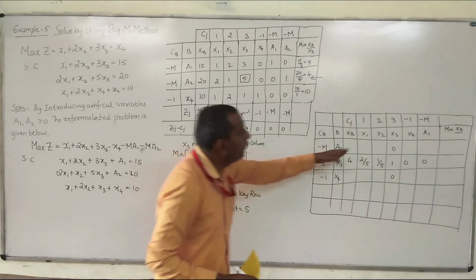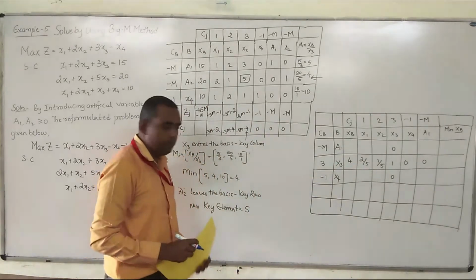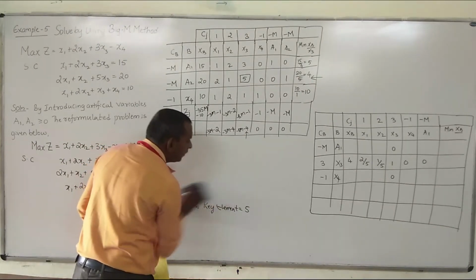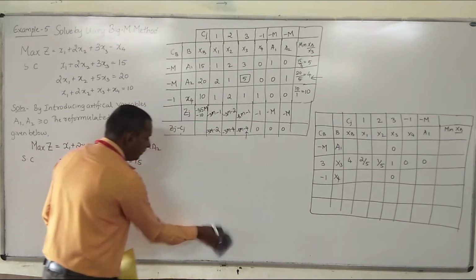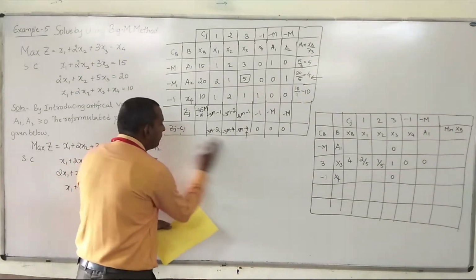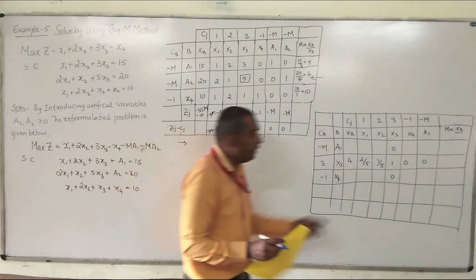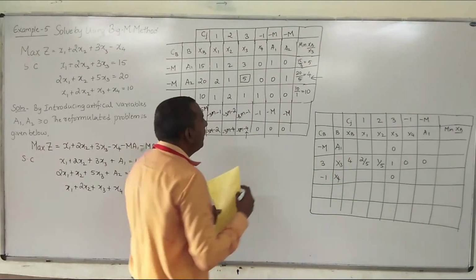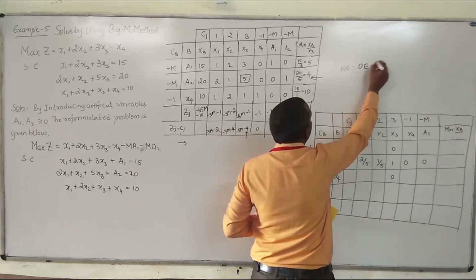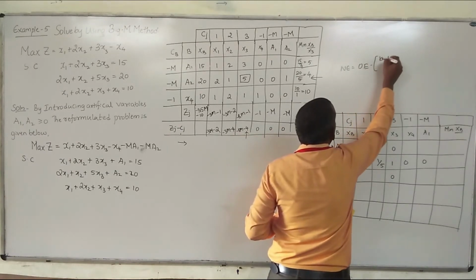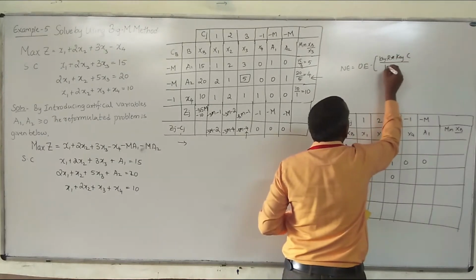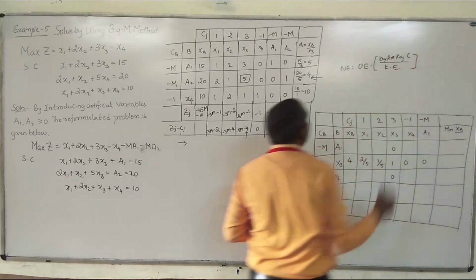Fine. So we need to find the remaining values. We use the formula: new element is equal to old element minus key row into key column divided by key element.